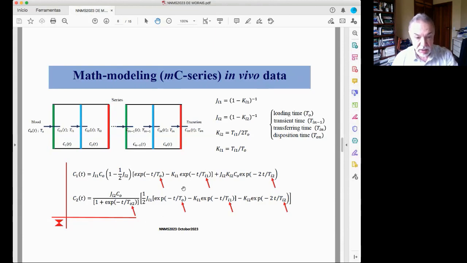So at the end, you can find a way to track and measure the concentration of your material in each biological compartment. And then you can fit the data as a function of time using a set of differential equations. And then you extract the important parameters, which are the typical times.